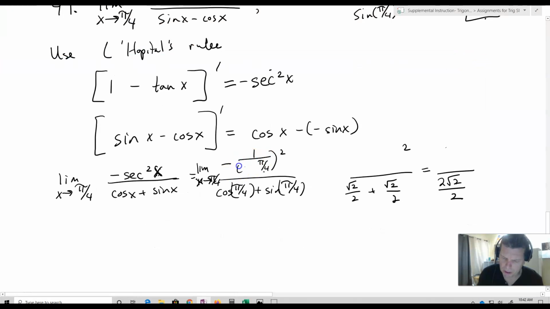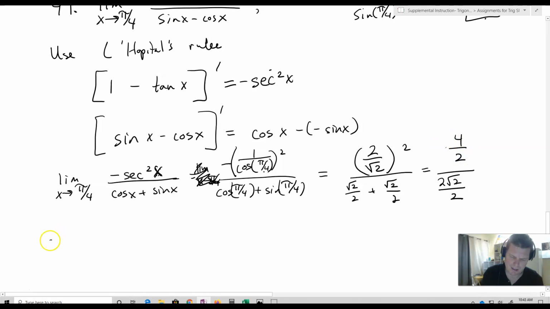This is 1 over cosine pi over 4. Well, cosine pi over 4 is root 2 over 2. That means that 1 over root 2 over 2 is 2 over root 2, squared, which is equal to 4 over 2. Great.